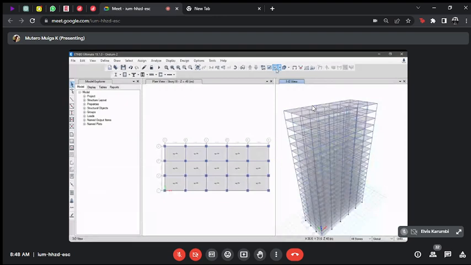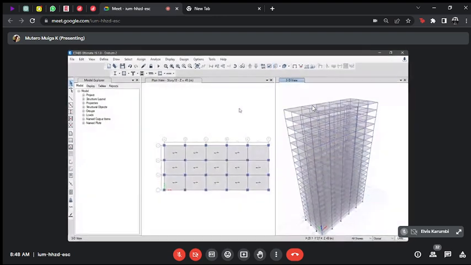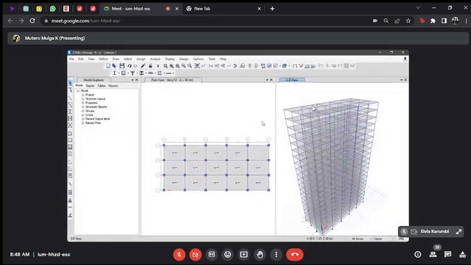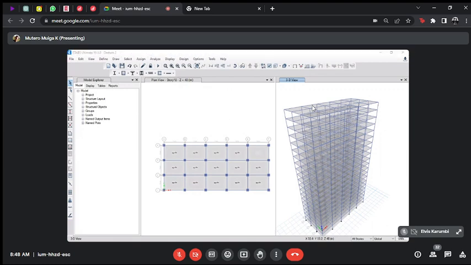Okay, so thank you. I am suggesting that you proceed and put in the loading, both gravity and lateral loads, onto these buildings ahead of our discussion in the coming session. I will talk briefly about how we support columns, because I don't want to tell you to fix the columns or to pin the columns at the foundation level.